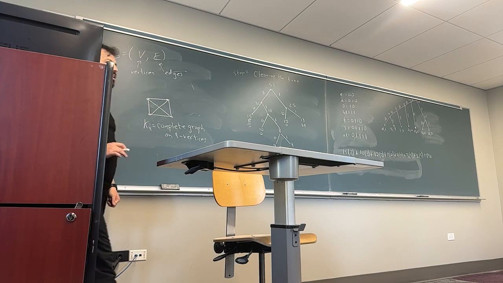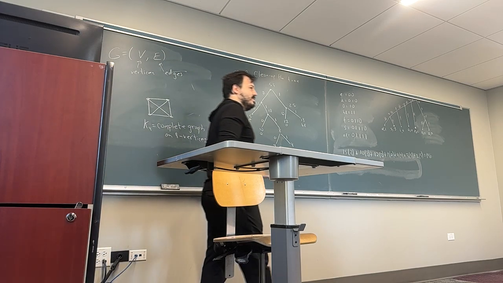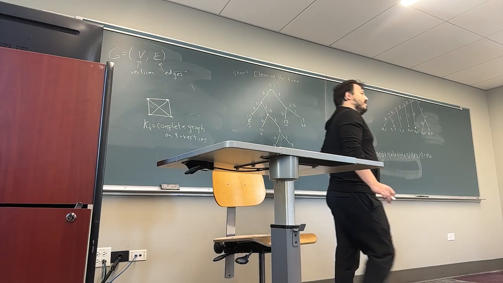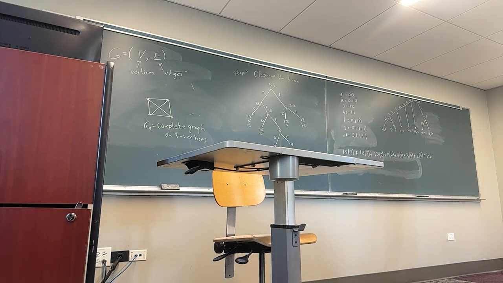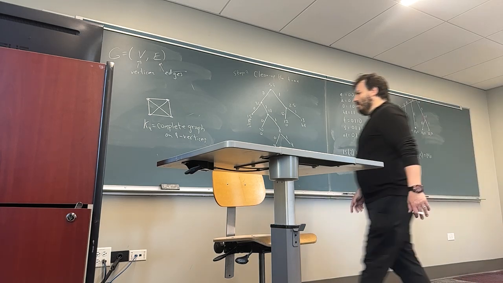Definition here says a graph is a finite set of vertices and a finite set of edges. You don't need them to be finite to be a graph. But obviously in computer science we use finite graphs, but the definition doesn't have to say they're finite.